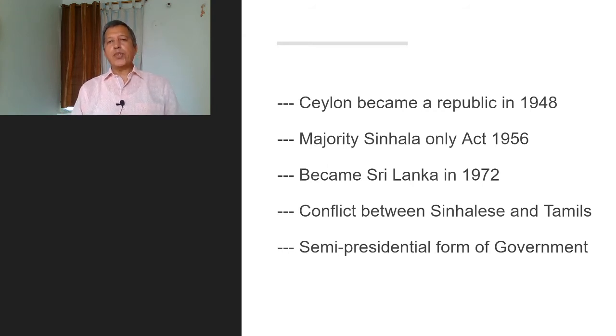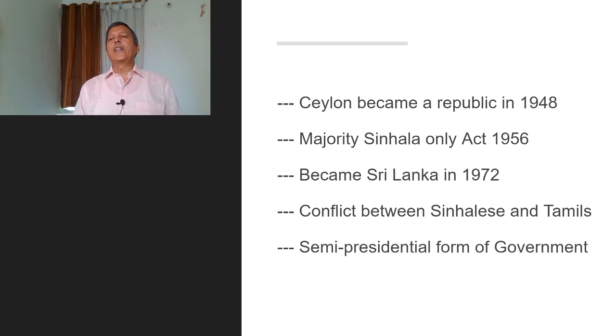In the meantime, Ceylon became Sri Lanka in 1972. But as we know, this dominance of one culture, one language led to a conflict between the Sinhalese and the Tamil minorities, and that continued in the 80s and the 90s, even in the first few years of the new century, up to 2007, I believe.